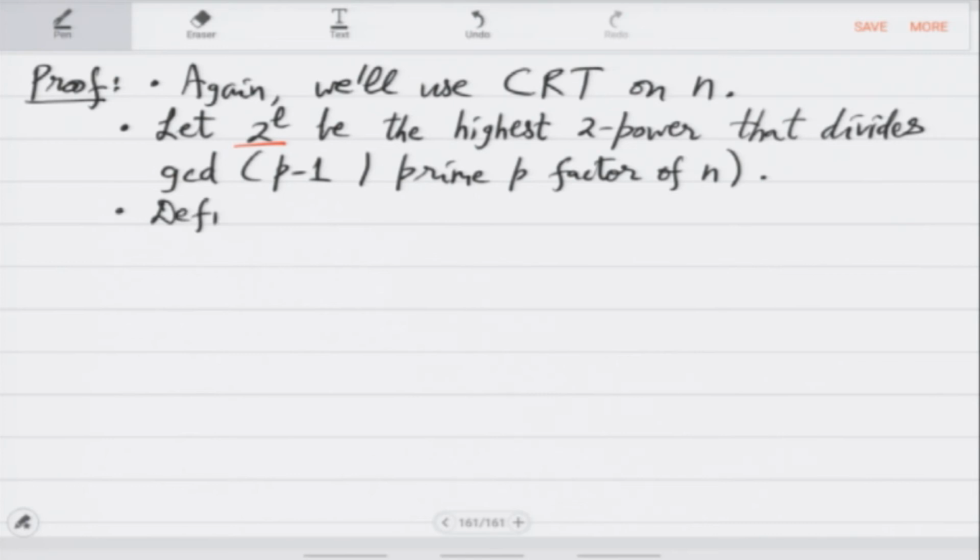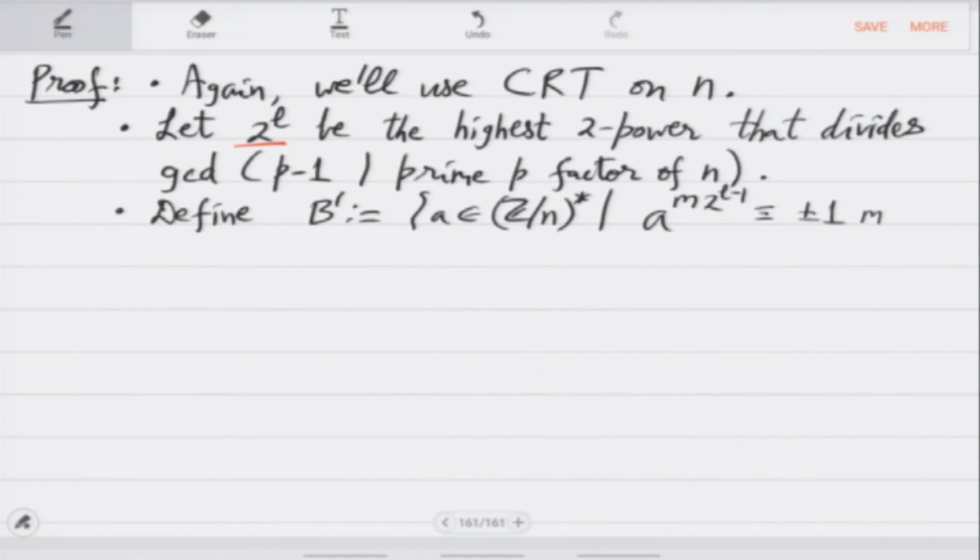different set, B prime, we will call it, which will contain A's such that A raised to m 2 raised to L minus 1 is plus minus 1 mod n. Okay, and the advantage of this is that it is a subgroup.